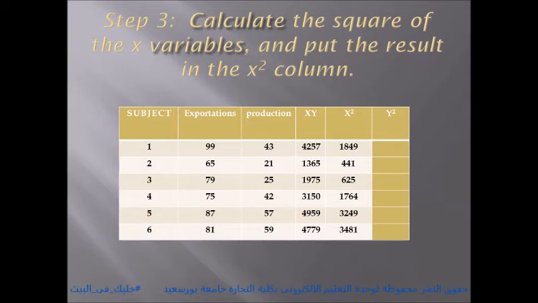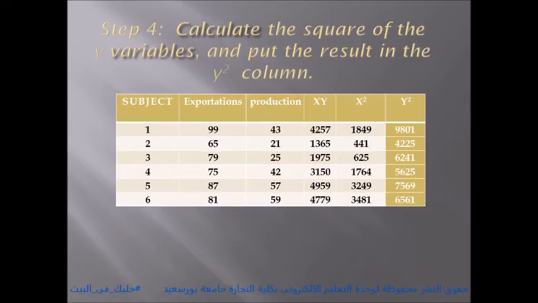Let's start with the x variables, which are represented by production. 43 squared equals 1,849, 21 equals 441, 25 equals 625, 42 equals 1,764, 57 equals 3,249, 59 equals 3,481.